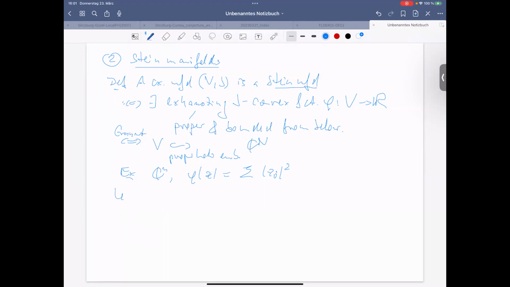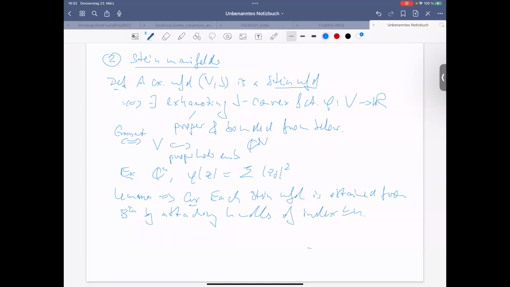So from this lemma, we get the corollary that each Stein manifold is obtained from the 2n-dimensional ball in Cn by attaching handles of index at most n.